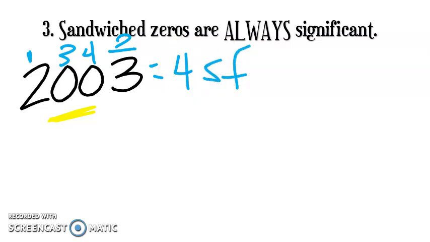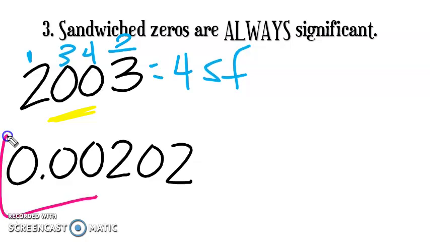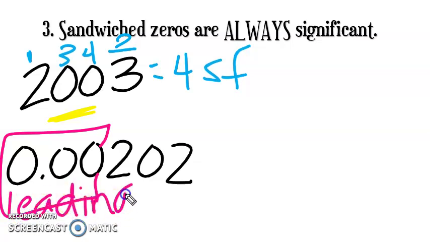Okay, let's say we had the number 0.00202. Okay, so we're mixing it up a little bit. Please understand that these zeros are considered leading, and are leading zeros ever significant? No. So those zeros are not going to be significant.